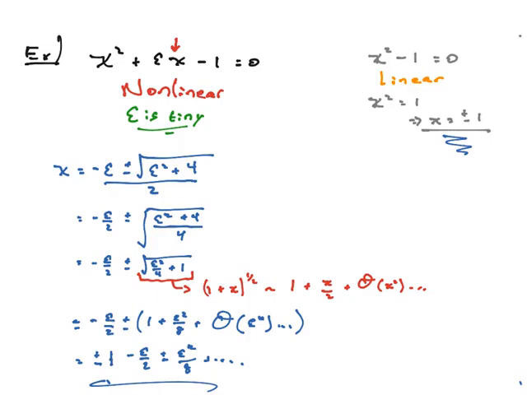And what did we get? We got plus or minus 1, right here, minus some epsilon, where epsilon is small, plus epsilon squared, where that's even smaller, and so forth. So indeed, we did get what we thought would be true. The major part of our answer is the plus or minus 1, the linear part. And then we had the correction terms added to it.